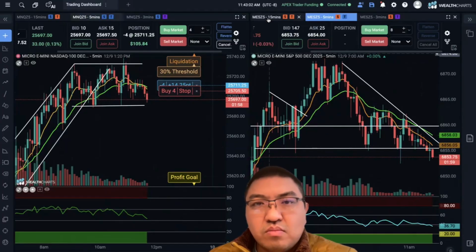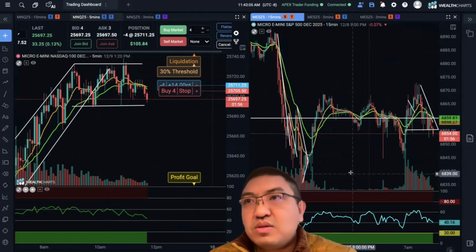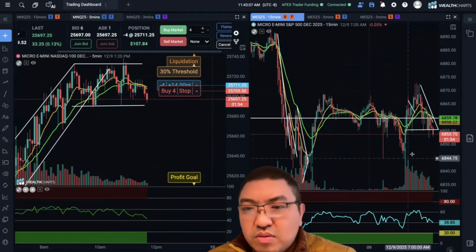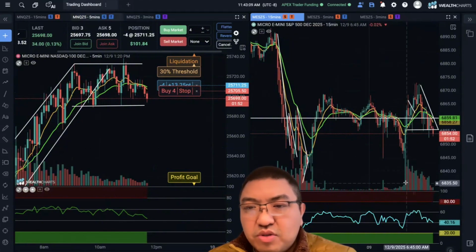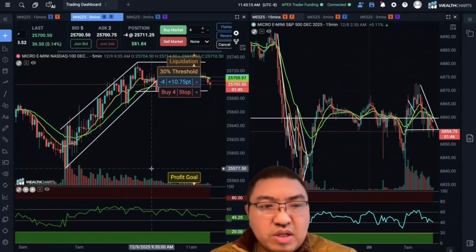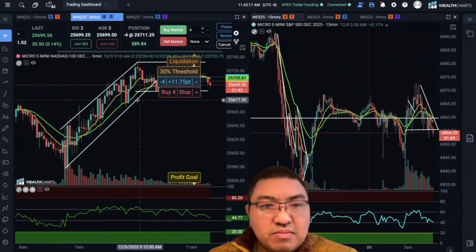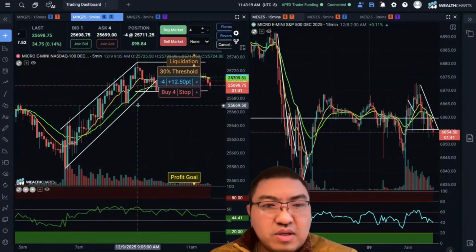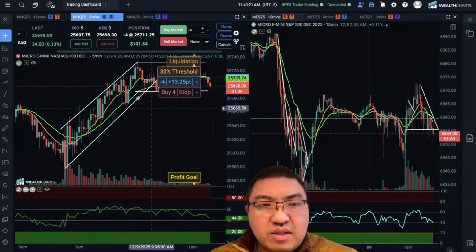Check the 15 minutes. Okay, if it reaches here or here, then that's good. For NQ, it will probably reach here or here. This area is very severe, and I won't be surprised if it has a lot of battle around this area.